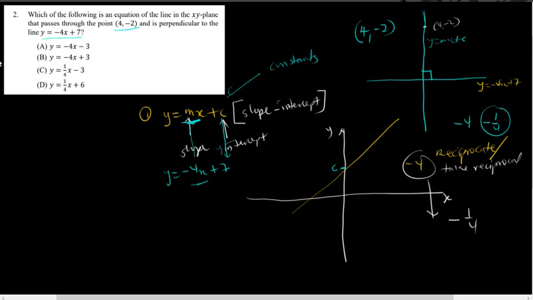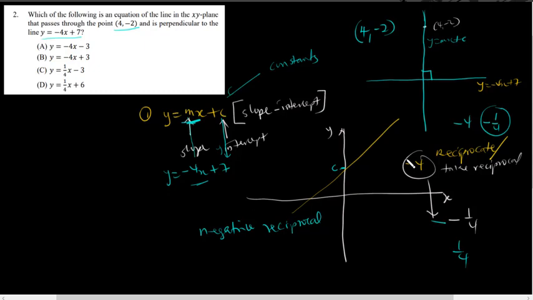And after that, if you negate it, you get 1 out of 4. So if I add the two words, that is negative reciprocal, it means you reciprocate it and you negate it, or you negate it and you reciprocate it.